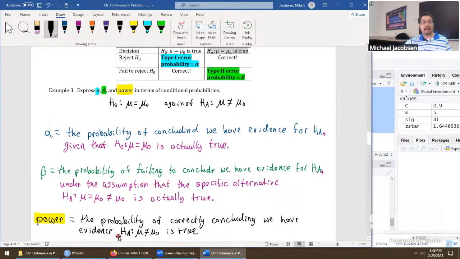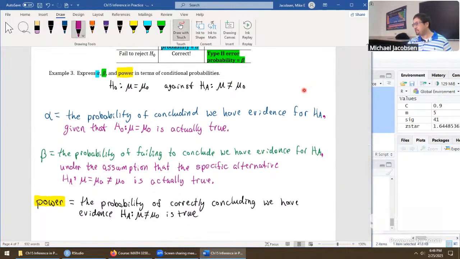So this is the entire alternative hypothesis statement right here, the one from right over here. But now we have to say, under the assumption, or given that, that specific alternative is also actually true.